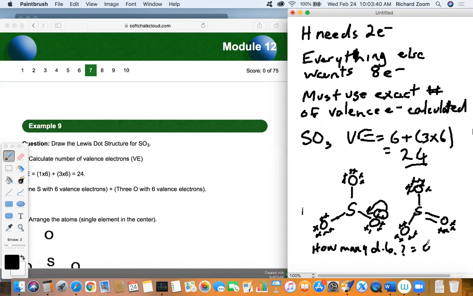And that would be, in this case, 0. And the other thing I can ask is how many non-bonding electron pairs or lone pairs? Now, non-bonding electron pairs are exactly what it says. They're electron pairs that don't bond.